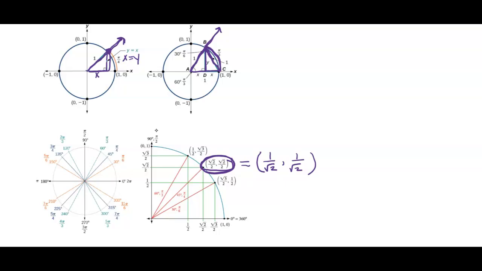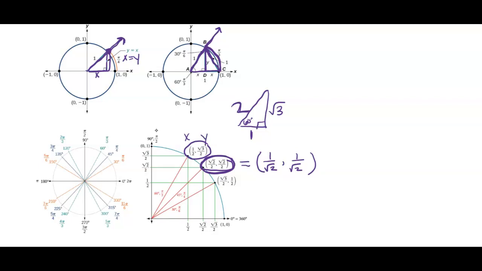If you look here, then we know if you have that 60-degree triangle, that the cosine would be 1 over 2, and remember that's our x, and then your sine would be root 3 over 2, and that's your y. So that's where it comes from.